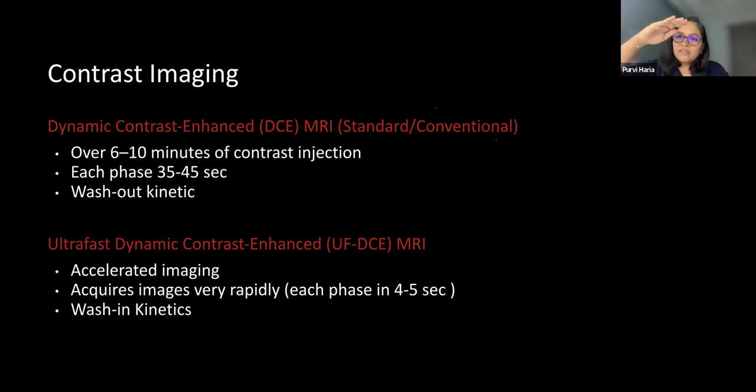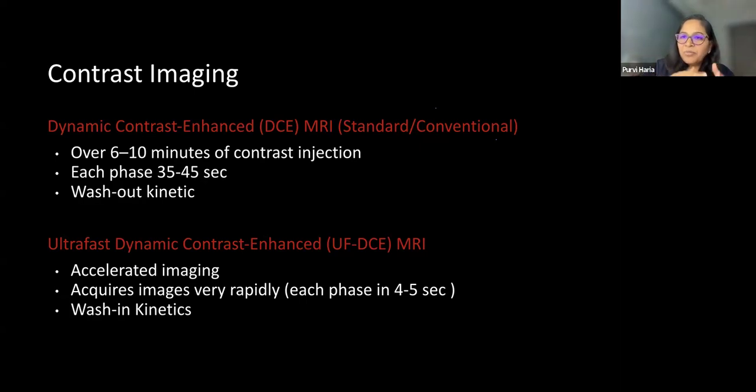We acquire this sequence in a 3D manner, first without contrast, which becomes the mask phase. Then after injection of contrast, we start acquiring these 4 to 5 sets of images. So we have one without contrast and at least 4 or 5 sets with contrast.